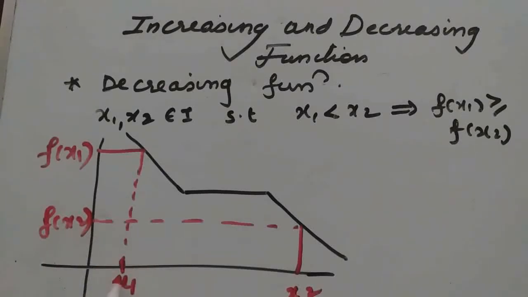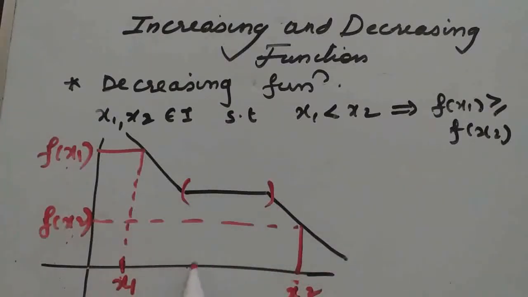Here clearly x1 is less than x2, but what we can observe in the f of x values is that f of x1 is greater than f of x2. Suppose here 1, 2, 3, 4, 5, this is at 5 and this is at 2, suppose. So 5 is greater than 2. Okay, in some cases it can be equal also. See this particular interval.